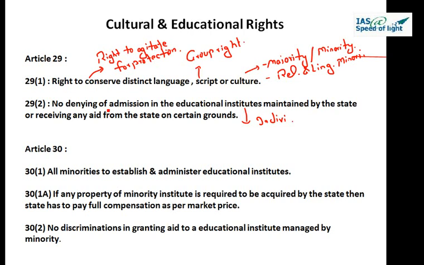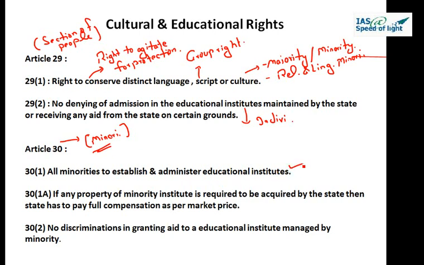Now, if you note, Article 29 was saying any section of people. So we inferred it is applicable to both the majority and the minorities, but Article 30 is specifically related to the minorities. Okay, so all minorities have the right to establish and administer educational institutions.